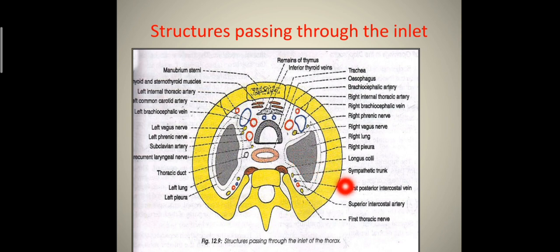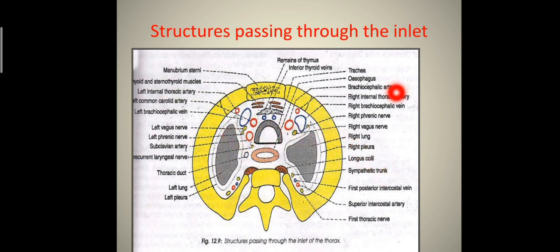Posteriorly is the superior intercostal artery, which is related to the neck of the first rib. So these are the small and large arteries which pass through the inlet. Veins are the inferior thyroid vein and right and left brachiocephalic veins, and posteriorly it is related with the first posterior intercostal veins.